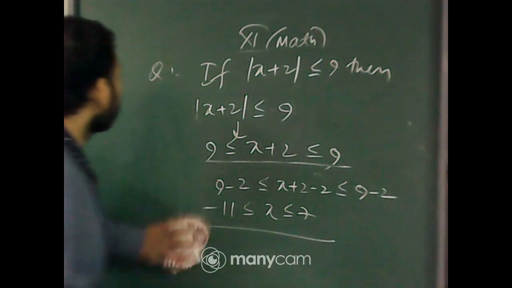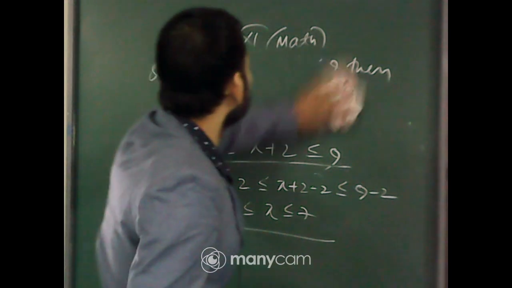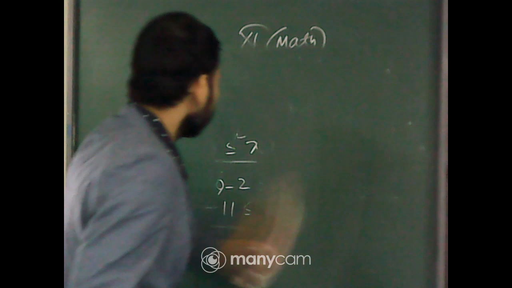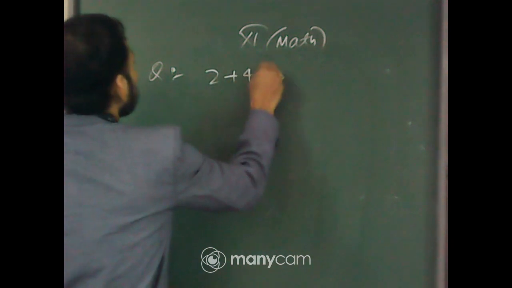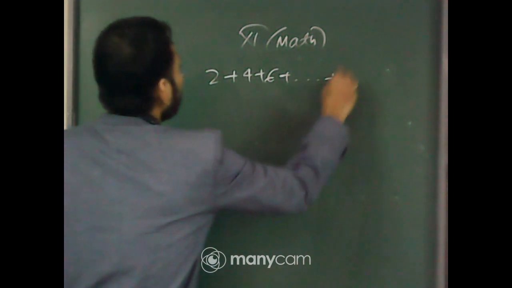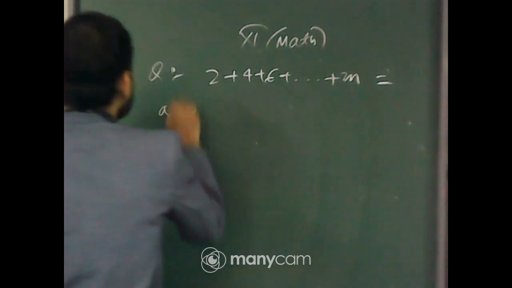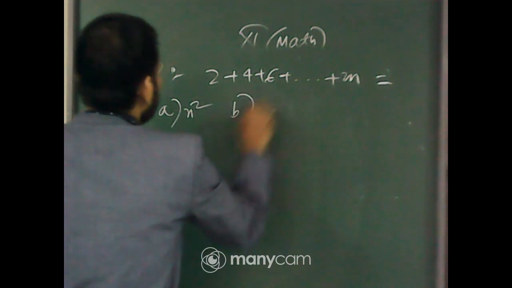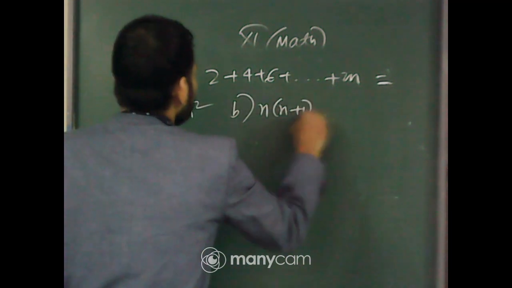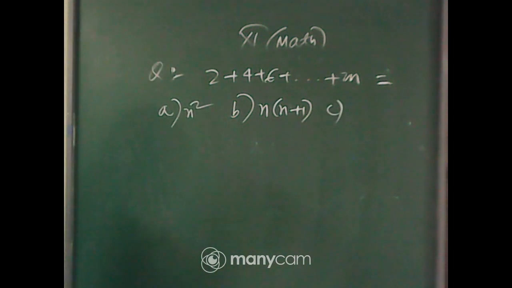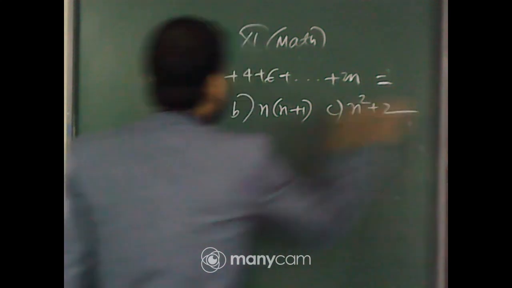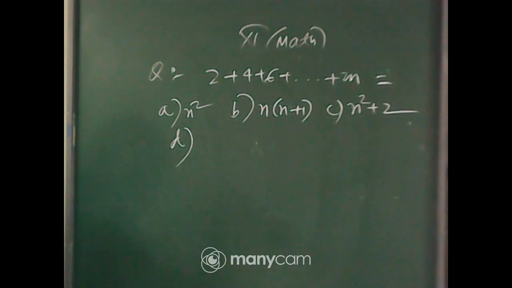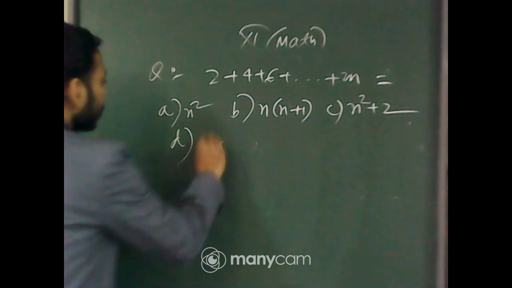Okay, so move on to the next question. 2 + 4 + 6 + ... up to 2n equals: option A, n²; option B, n(n + 1); option C, n² + 2; and option D, n(n + 3).